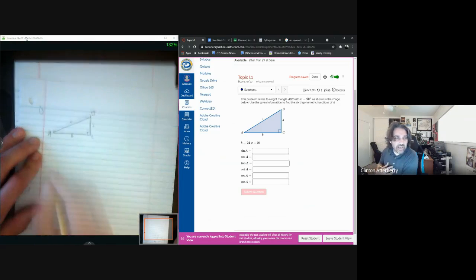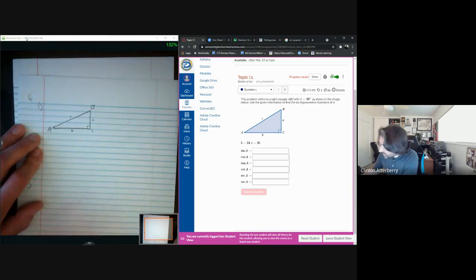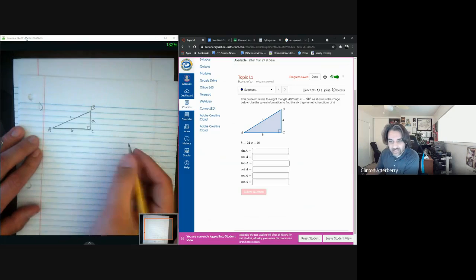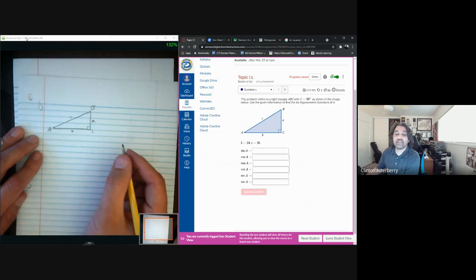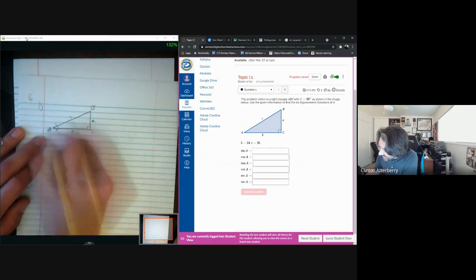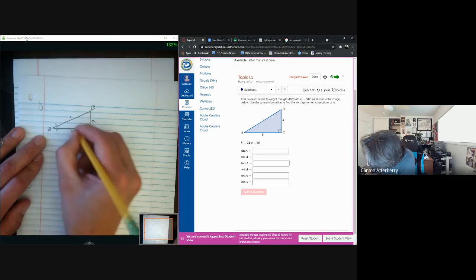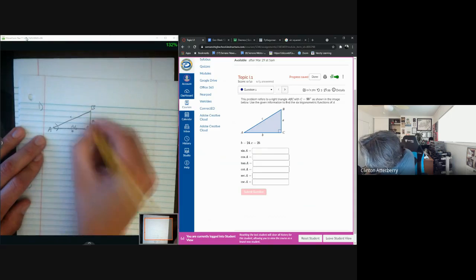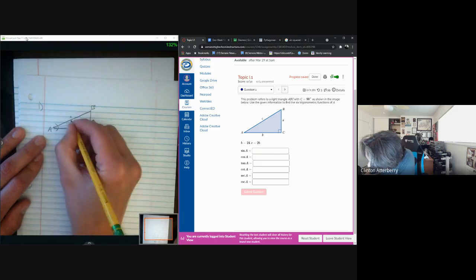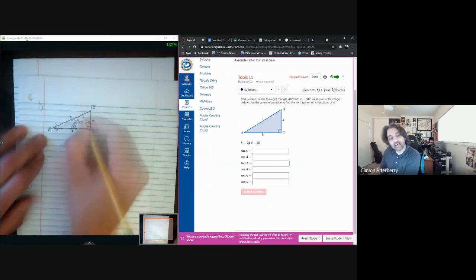For mine, it says sine, cosine, tangent, cotangent, secant, cosecant of A. So that means I'm looking at this angle. This is my adjacent. This is my opposite, because it's always opposite this way. And then this diagonal is always the hypotenuse.